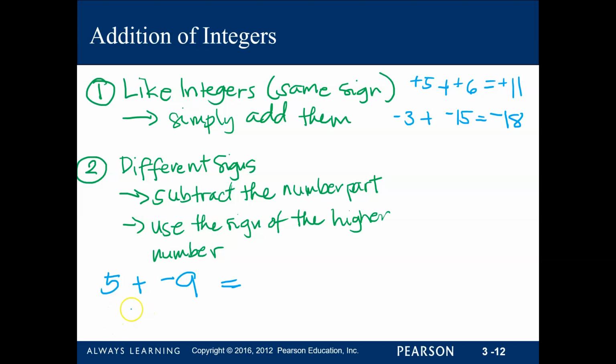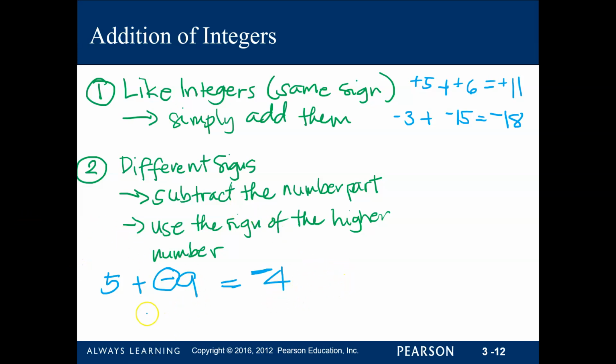That's going to be a 4. Now, between 9 and 5, what is the sign of the higher number? Well, 9 is higher than 5, and 9 is marked as negative. And so the sum will also take the negative sign. So +5 plus -9 is going to be -4.